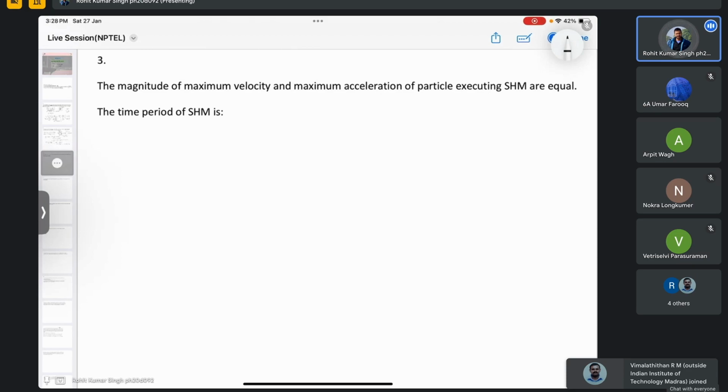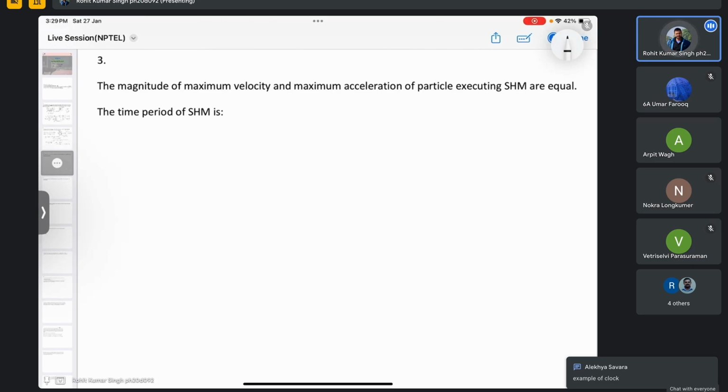In simple terms, when do we say an object is performing SHM? I mean the equation of motion of SHM. What is it? No one?